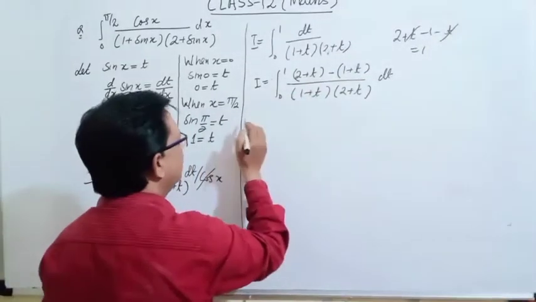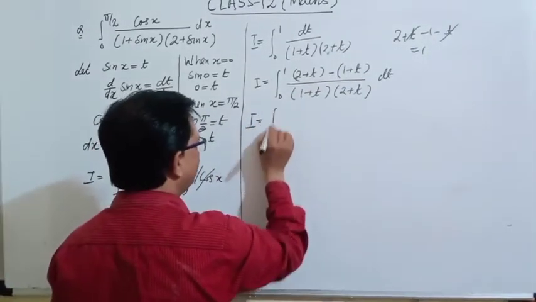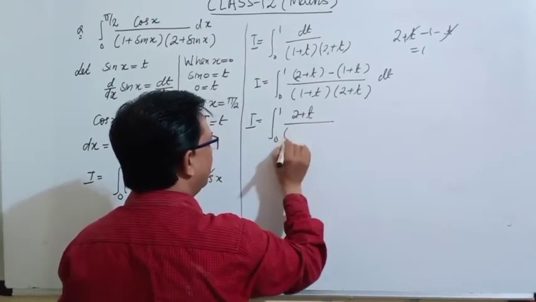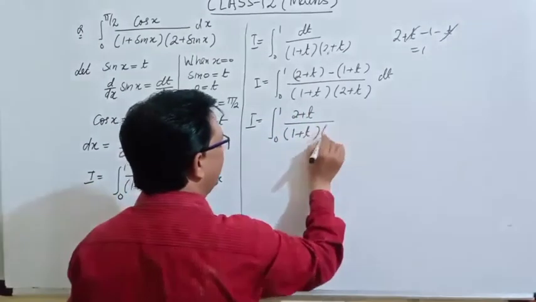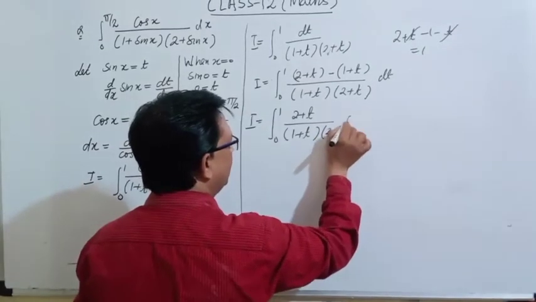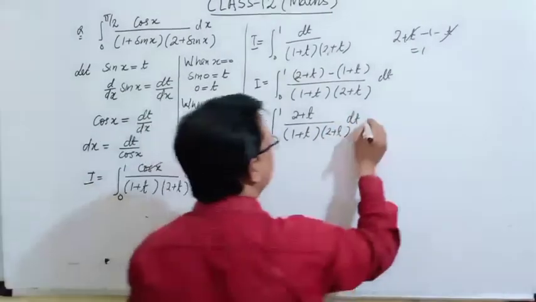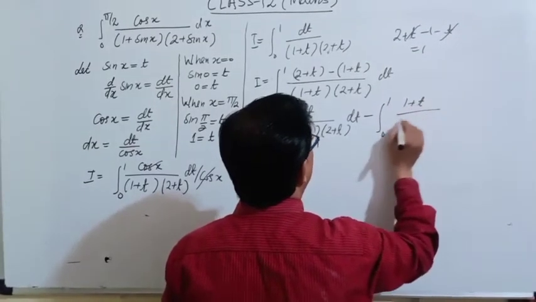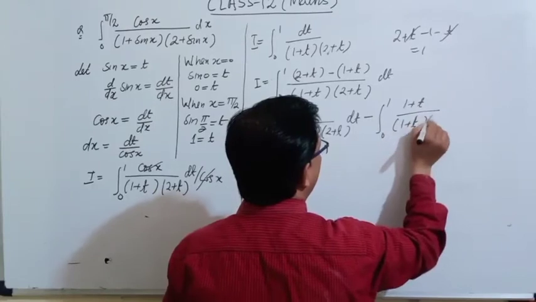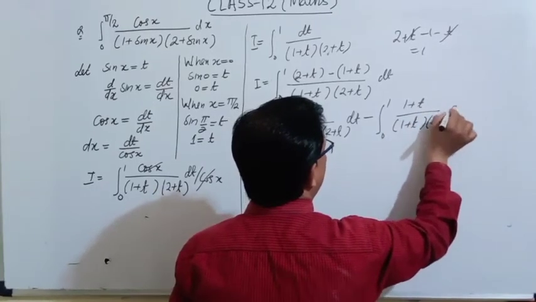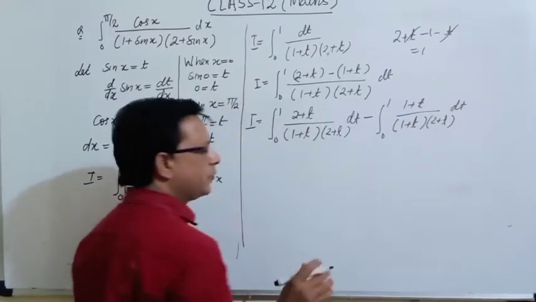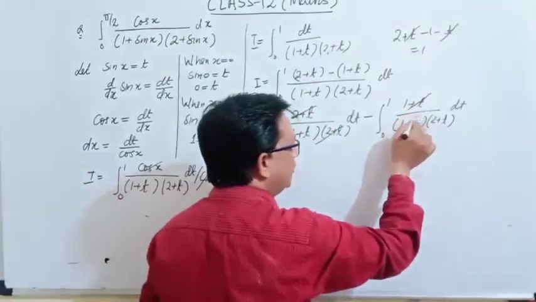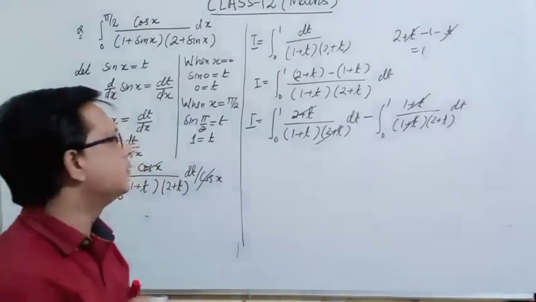Now we break this integration. We get (2 plus t) upon (1 plus t)(2 plus t) dt, now this is minus 0 to 1 of (1 plus t) upon (1 plus t)(2 plus t) dt. Students, we see that this cancels out, and here 1 plus t and 1 plus t also cancel out.